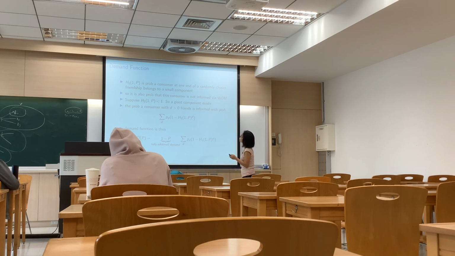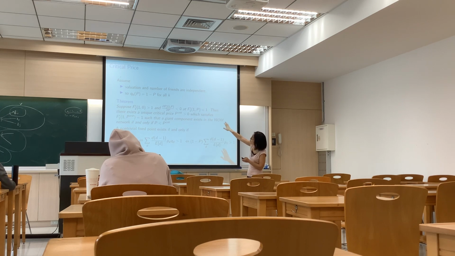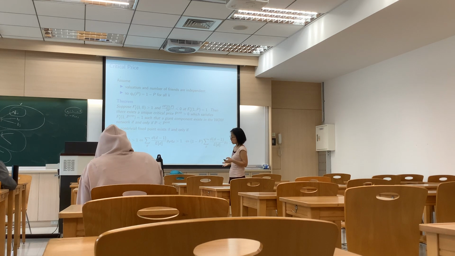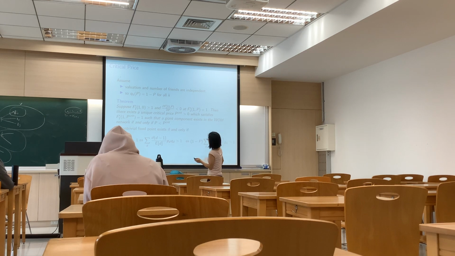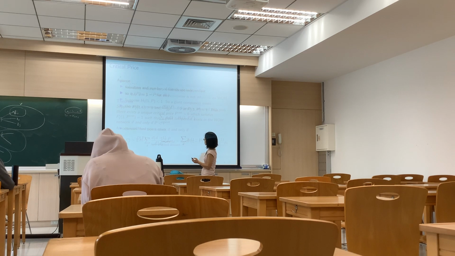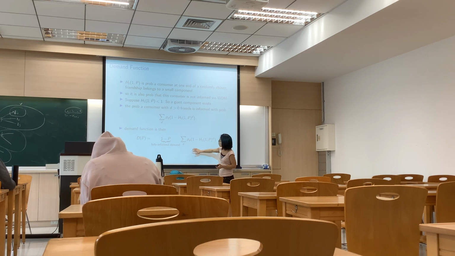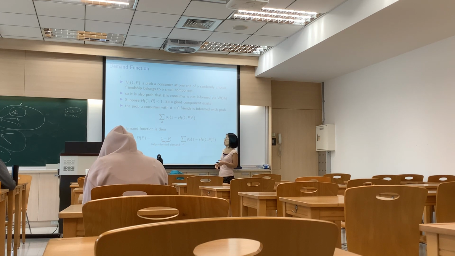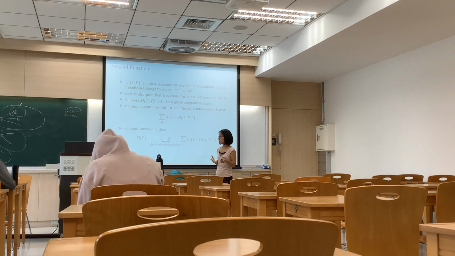Now if we assume valuation and number of friends are independent, that means for any degree, the probability that a consumer with that many friends is a buyer is just 1 minus P. So no matter how many friends I has, the distribution of valuation is just uniform between 0 and 1.